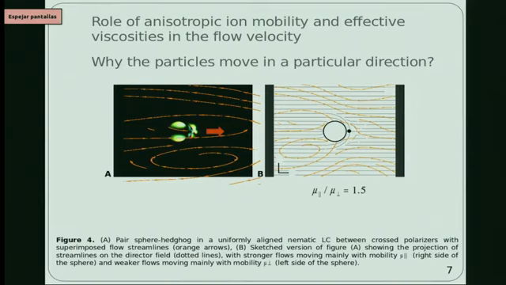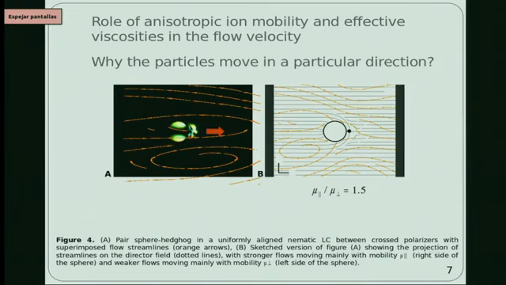We can see that the flows coming from the left are mainly parallel to the director, and the flows coming from the right are meeting the director in a perpendicular fashion. So if we take the ratio, we can see that mu parallel is larger than mu perpendicular.